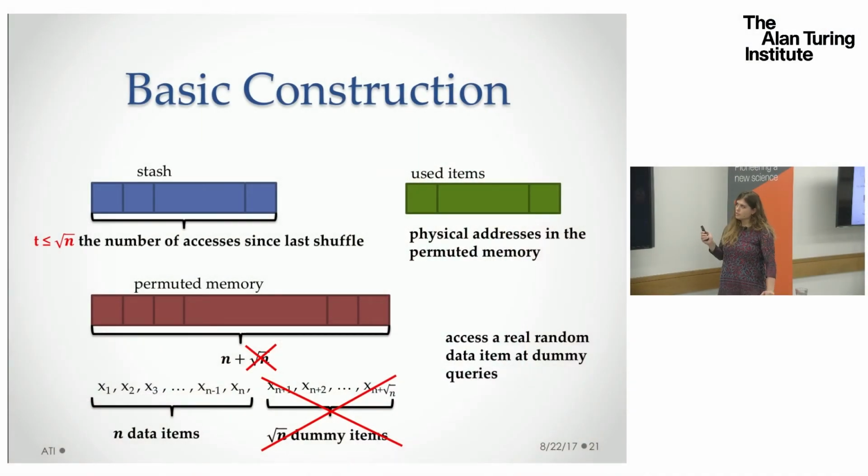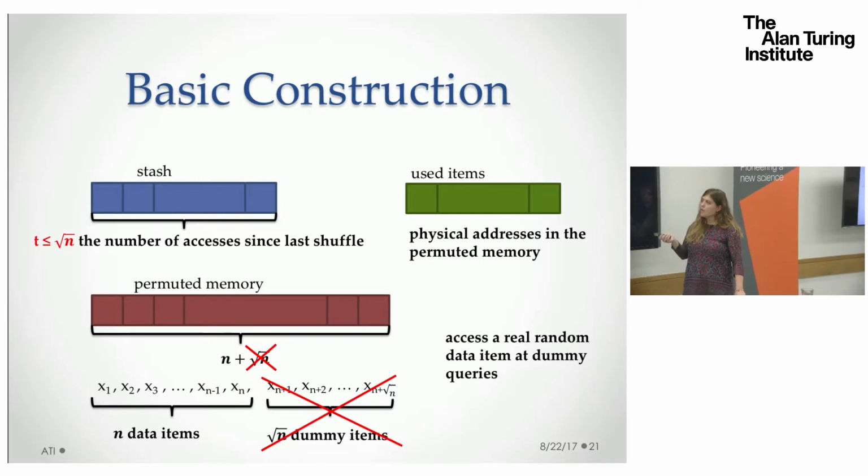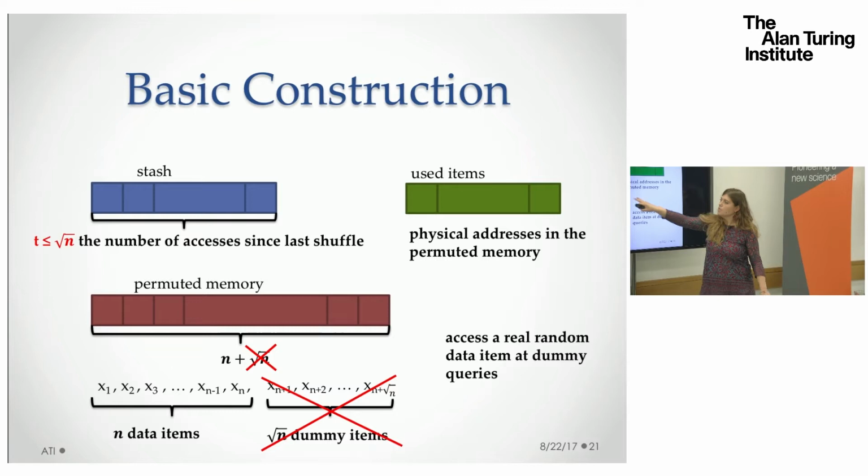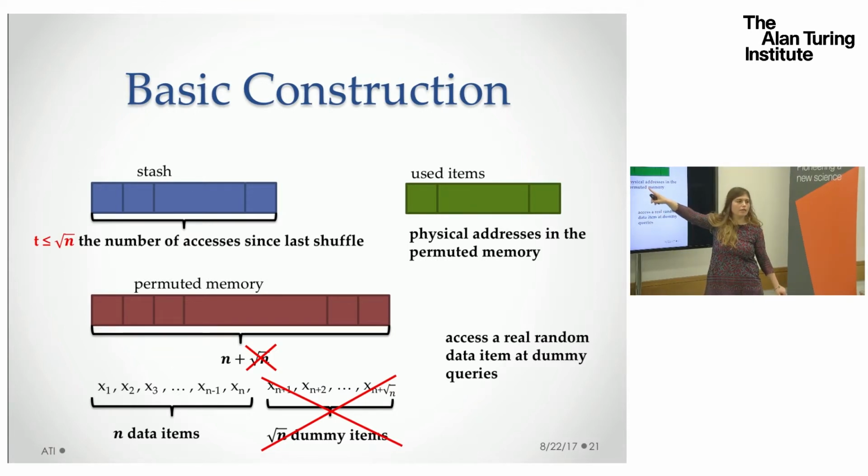In addition to this, we will introduce another structure, which we call used items. What we are going to store in this structure, I don't have it here, but we will be storing the location in the main memory of an item that was moved to the stash. This is not revealing any additional information.